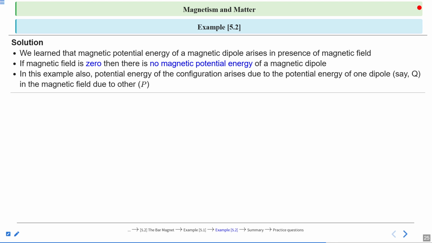We have to find the potential energy of Q1, Q2, Q3, Q4, Q5 and Q6 in the presence of the magnetic field produced by the P needle. Got it?